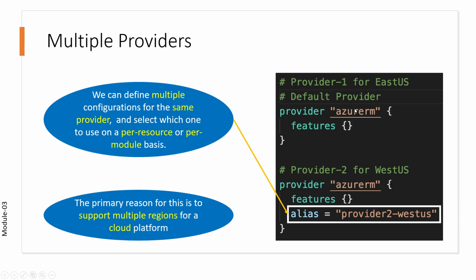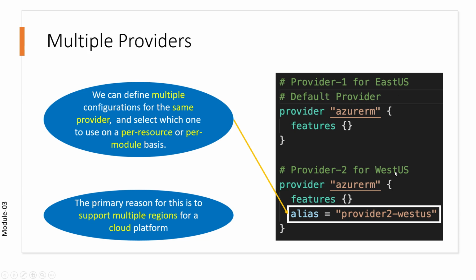Let me give an example. I want to create two resource groups, resource group 1 and resource group 2. At the same time, one resource group has to be created in East US, and another resource group has to be created in West US.